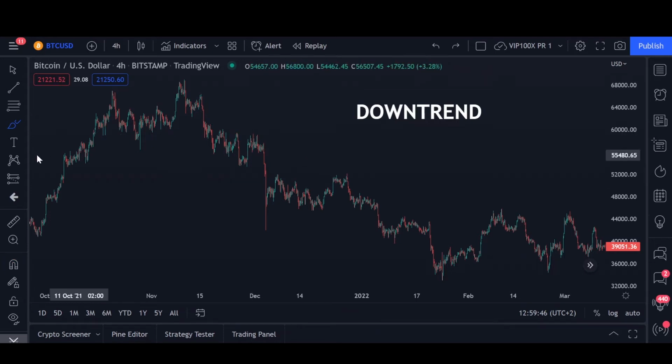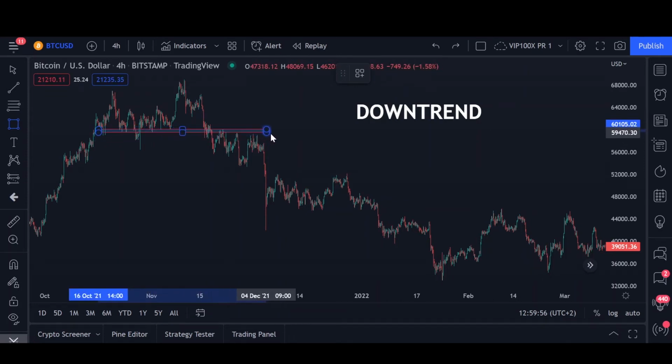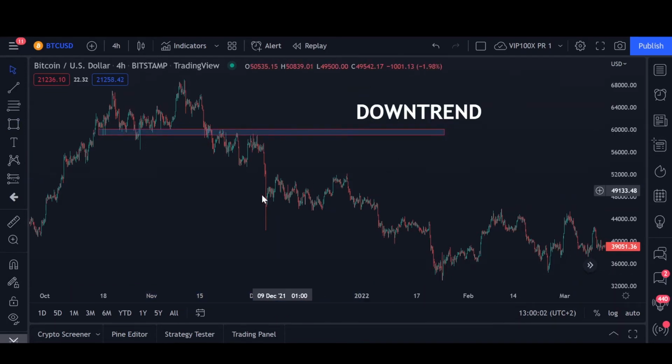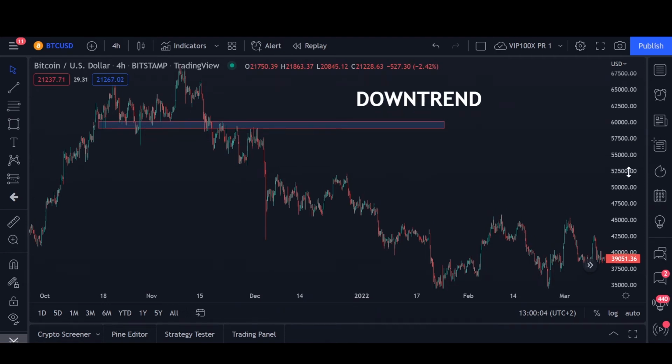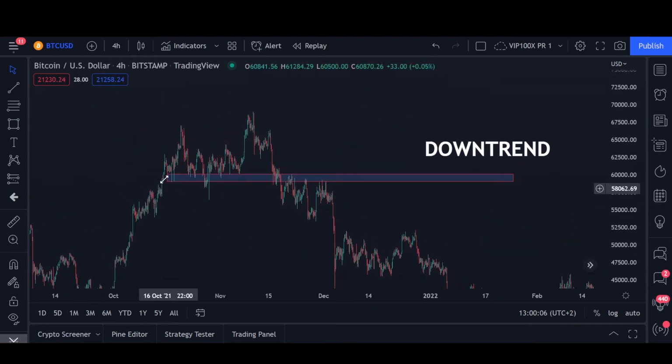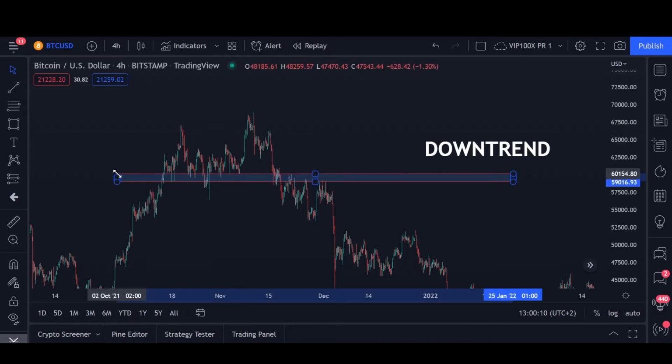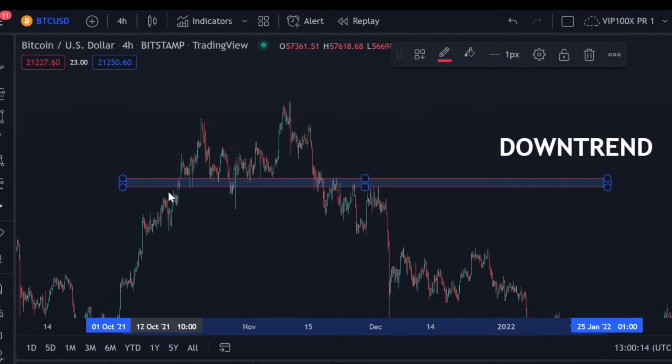We go to the left bar here and select rectangle. Approximately, the zone would be this, but let's take a closer look.